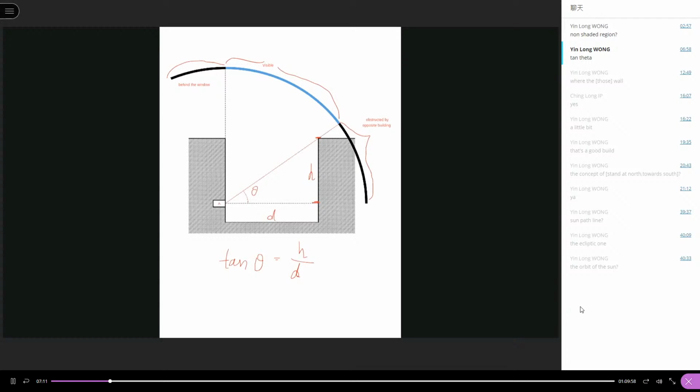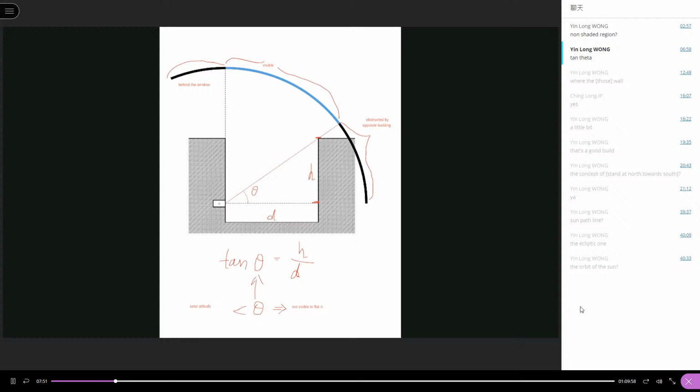So we can calculate this angle. Any part of the sky with an angle smaller than theta will not be visible to flat A. This angle is actually the solar altitude angle.